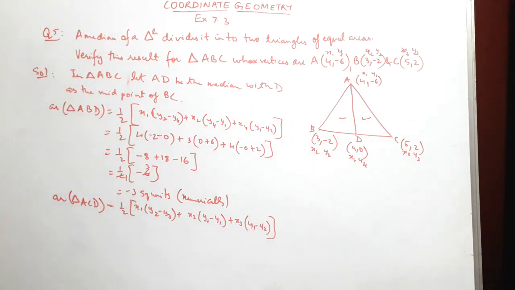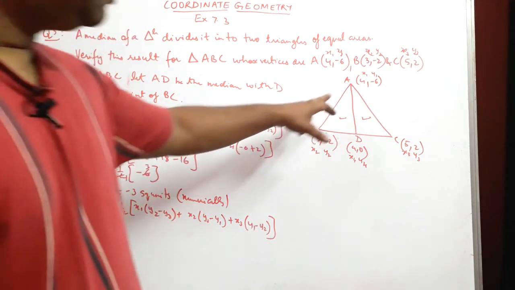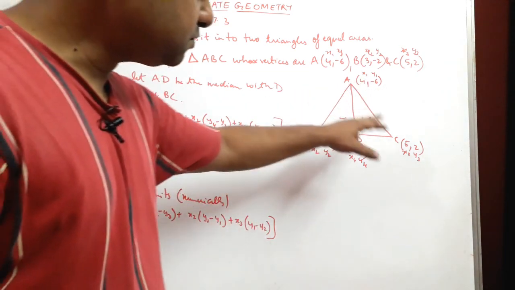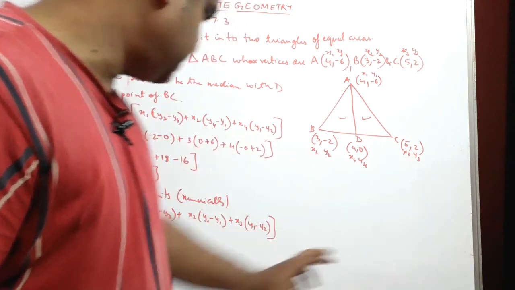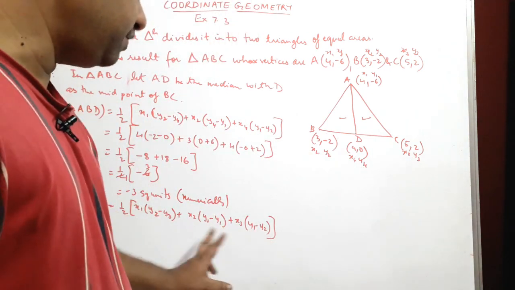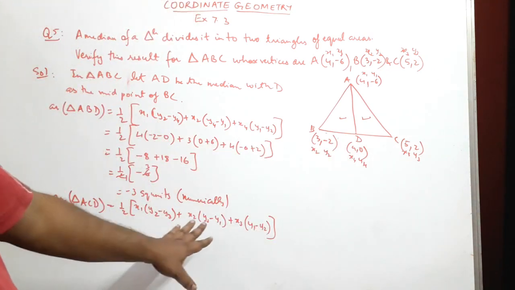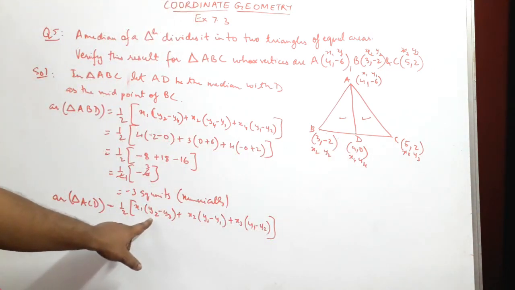Now once again, if you have a look, there is A which has x1 y1, so 1 remains, fine. There is C which is x3 y3, so this time the 3 remains, everywhere there is 3, and we have D which is 4, which is not over here, but there is x2 y2 involved.